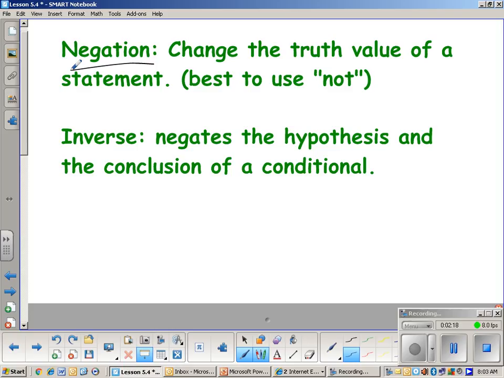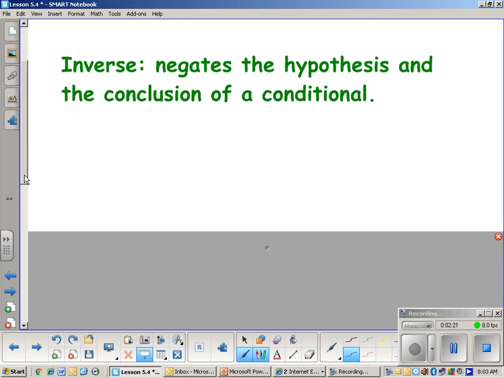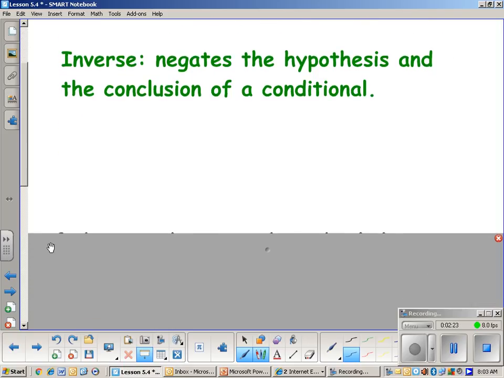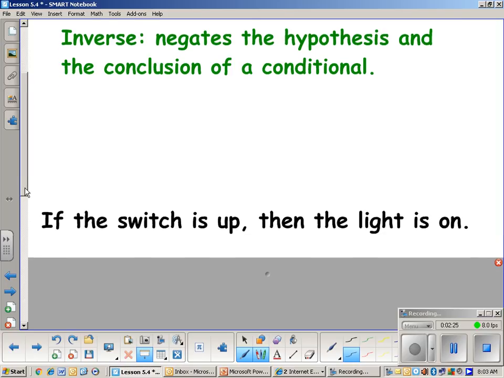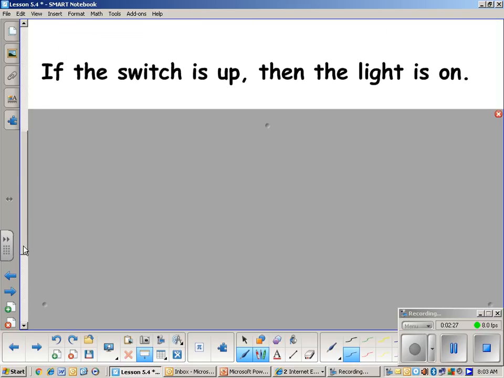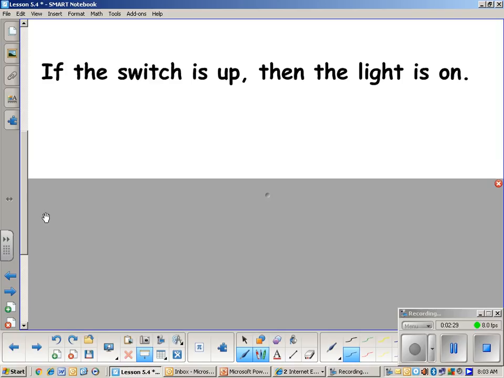Now the inverse negates the hypothesis and the conclusion of a conditional. So if this is my conditional, if the switch is up, then the light is on.